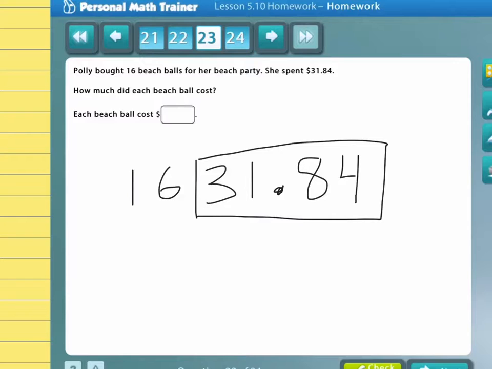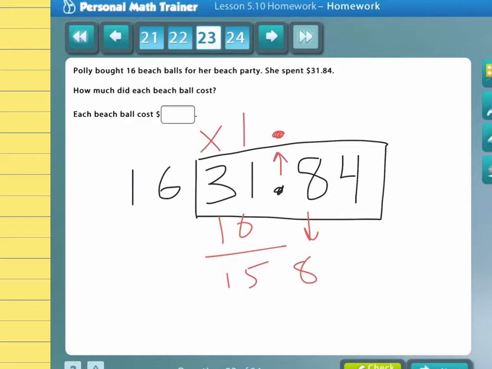If Polly bought 16 beach balls and she spent $31.84, how much did each beach ball cost? So we're going to divide $31.84 by 16. First step you do is move that decimal place up to the quotient line. 16 does not go into 3 tens. 16 does go into 31 ones. It's going to go in 1 time. You have 15 ones left over. Bring down the 8.